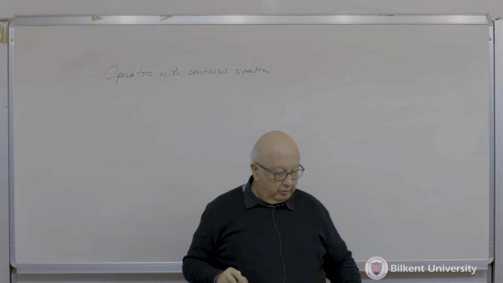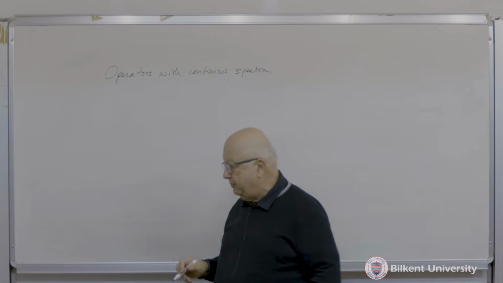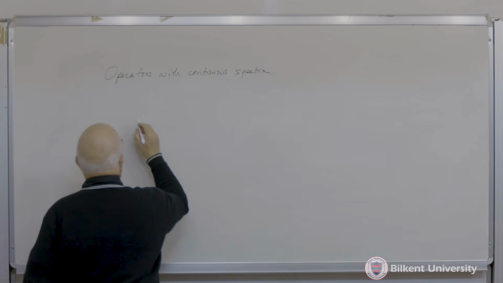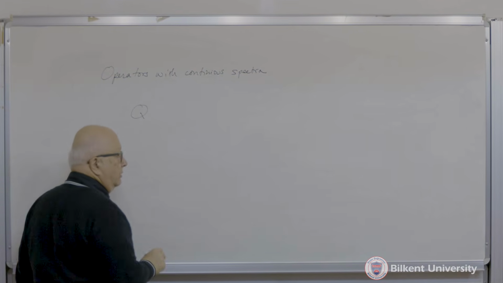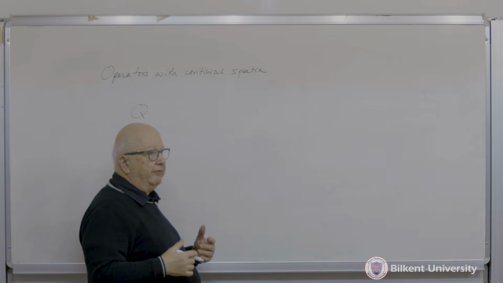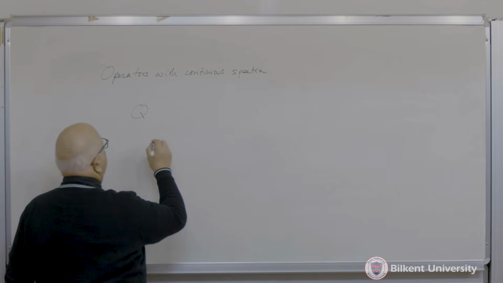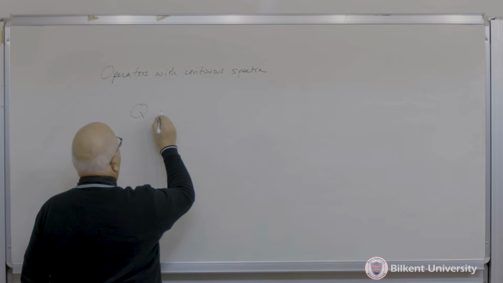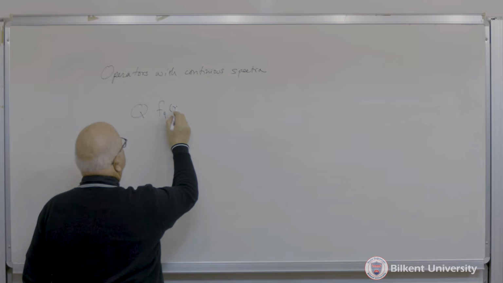Okay, so here we are going to have again an operator Q, but this time it's going to have an eigenvalue which we'll call perhaps lambda Q again. So something like this.